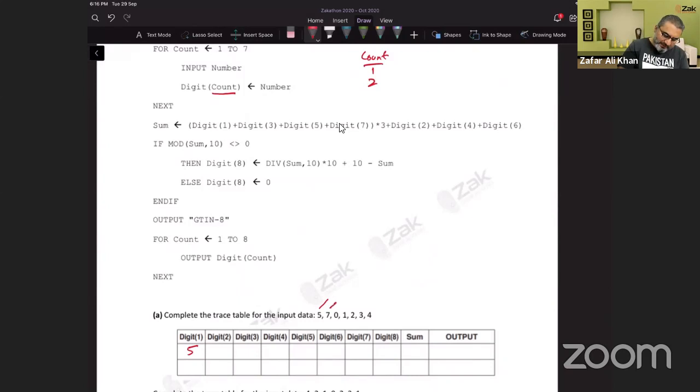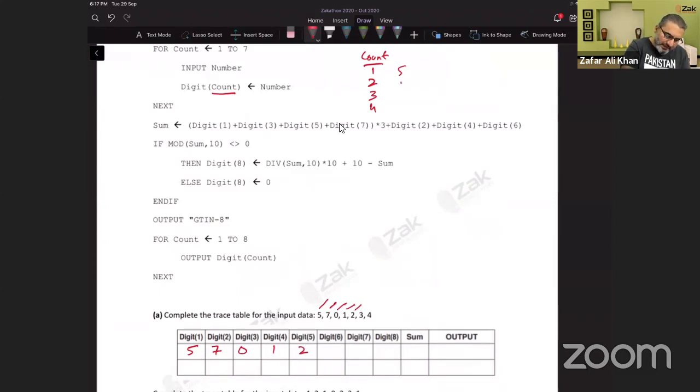The next number is 7, so this would go to digit 2. Then count will be 3. The number that is entered, 0, would go to digit 3. Then count is equal to 4. Number is 1, so it will go to digit 4. Then count is equal to 5. Number entered is 2, and it will go to digit 5.